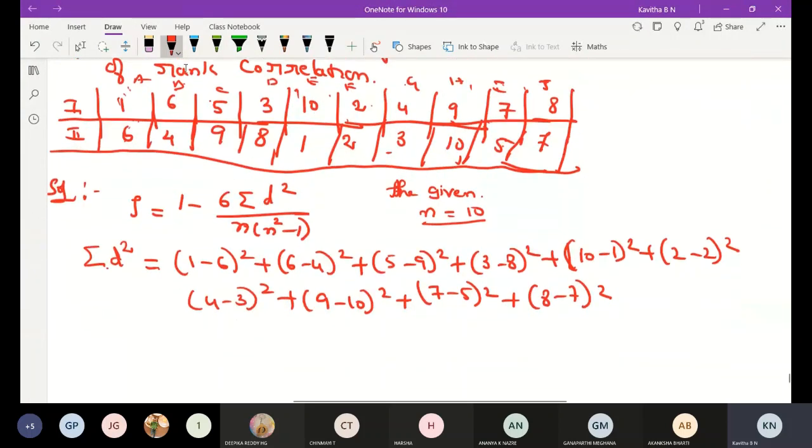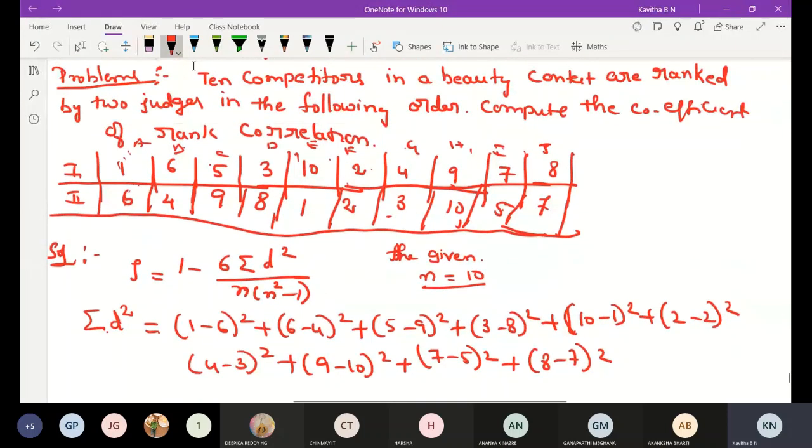Then simplify. 6 minus 1 is 5, square is 25. 6 minus 4 is 2, square is 4. 5 minus 9 is 4, means 16. 3 minus 8 is 5, square is 25. 10 minus 1 is 9, square is 81. 0, then 1, and 9 minus 10 is minus 1, square is 1. 7 minus 5 is 2, means 4, plus 1.